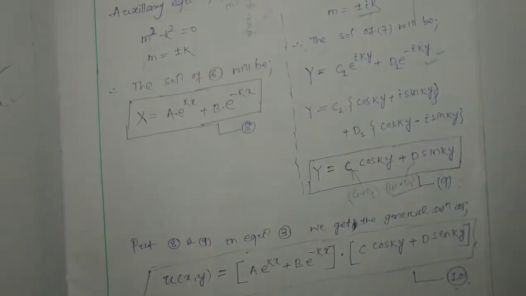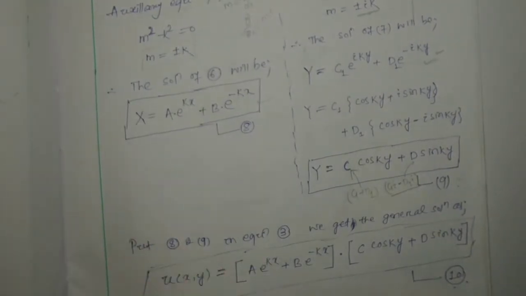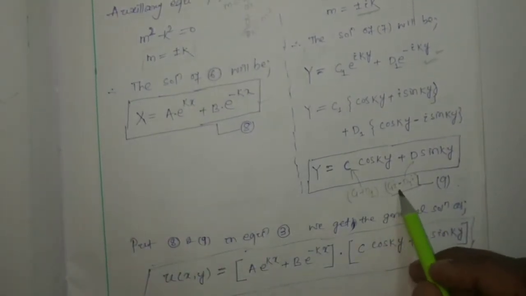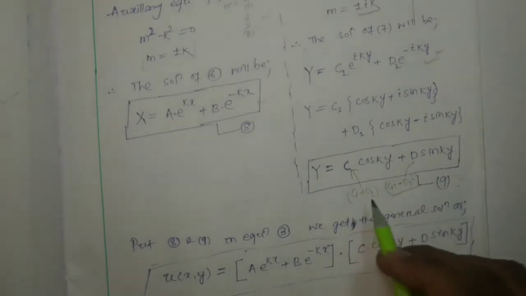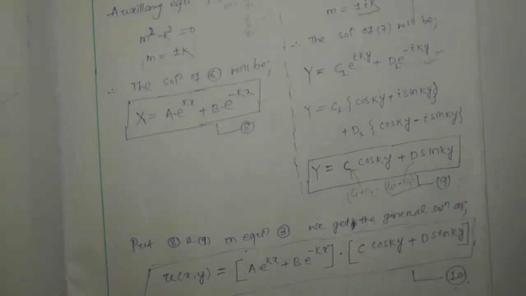Here d represents the constant c1 i minus d1 i, and c represents c1 plus d1.